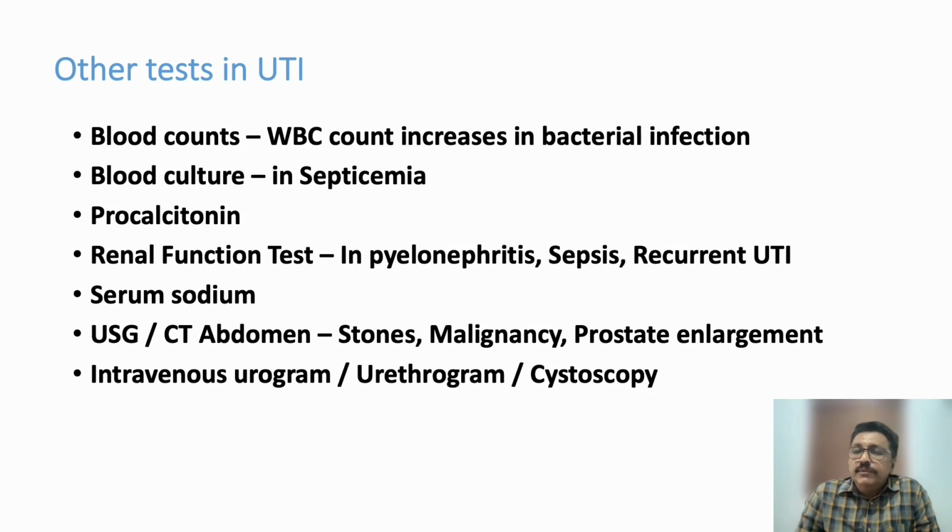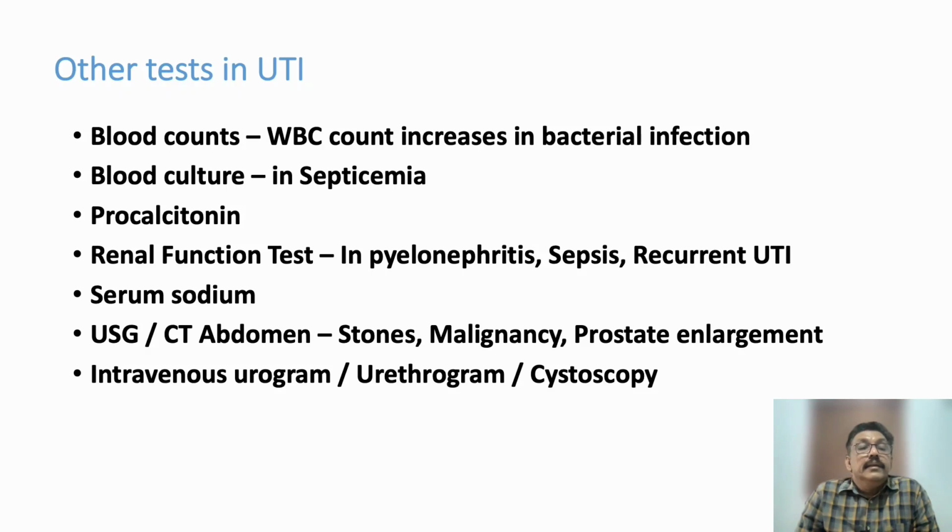Serum sodium: in most patients who have urinary tract infection, you can see the patient will be losing large amounts of sodium through the renal route. They can have urinary tract infection with hyponatremia. Hyponatremia is a very important factor of altered behavior, especially in patients who have urinary tract infection, mainly in elderly individuals.